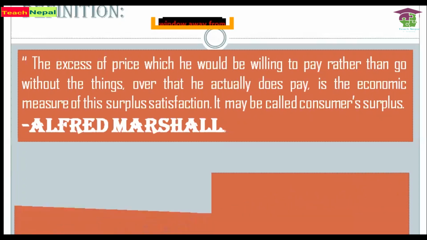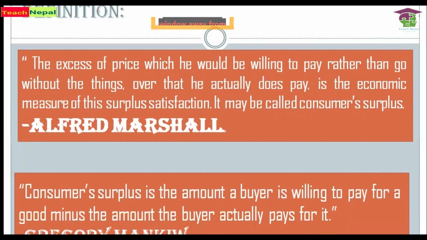Another simpler definition given by Gregory Mankiw is also presented here. According to him, consumer surplus is the amount a buyer is willing to pay for a good minus the amount the buyer actually pays for it. Both definitions clearly say that when willing price is in excess of the actual price, consumer surplus is created.